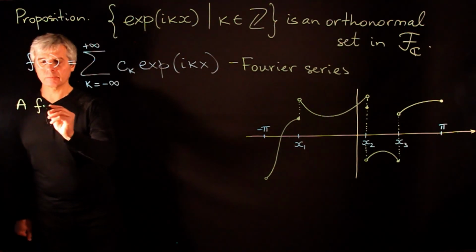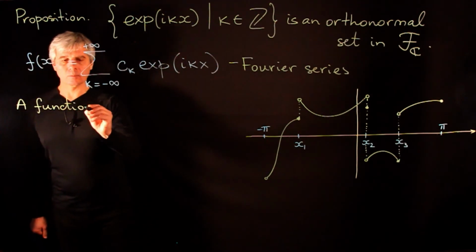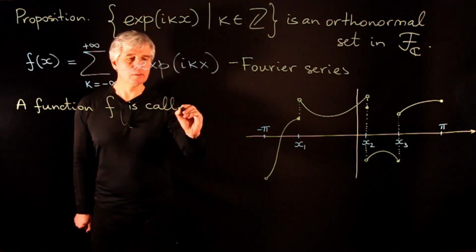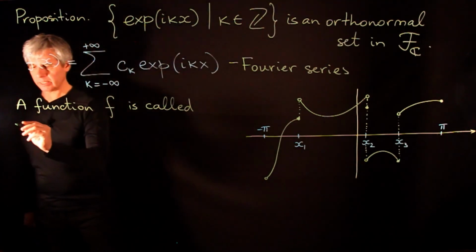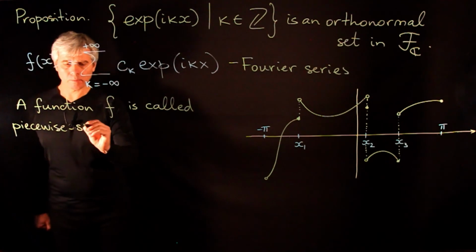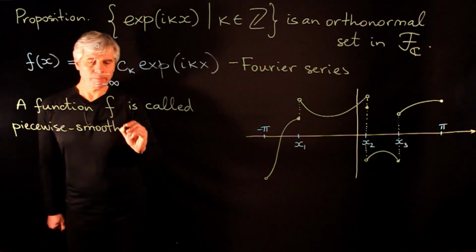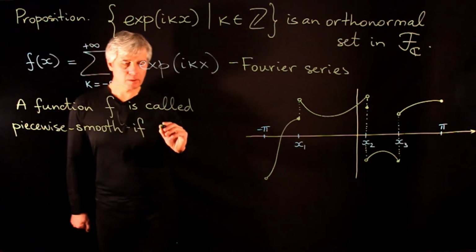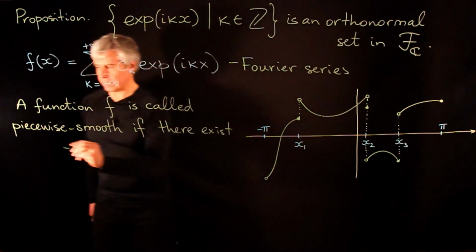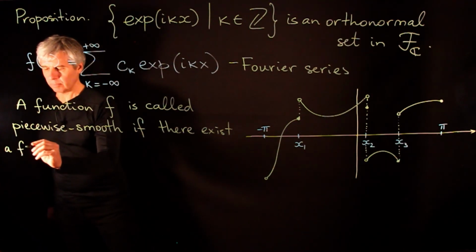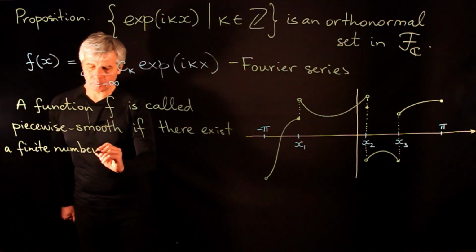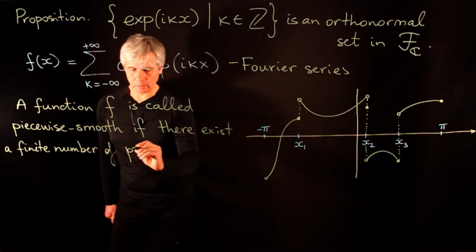So a function f is called piecewise smooth if there exist a finite number of points.